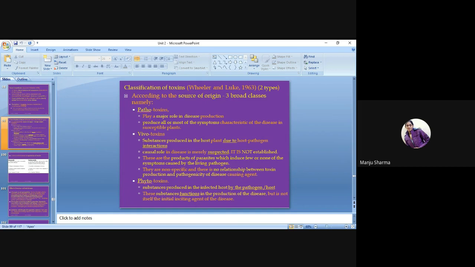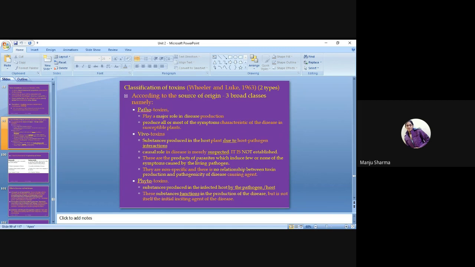The causal role in disease is merely suspected; it is not established. These are the products of parasites which induce few or none of the symptoms caused by the living pathogens. So they are non-specific, and there is no relationship between toxin production and pathogenicity of disease-causing agents.